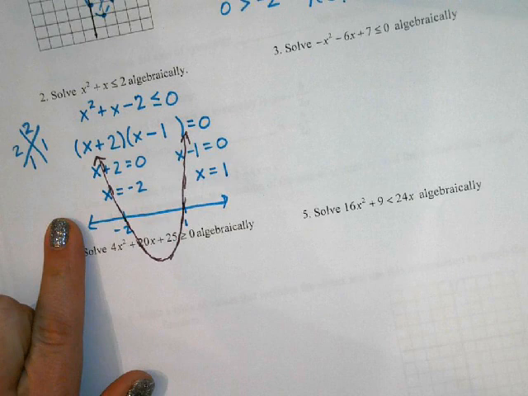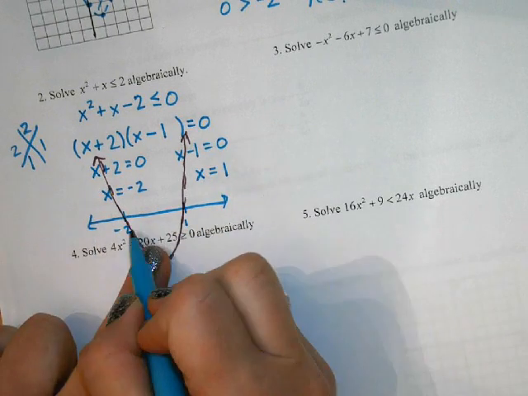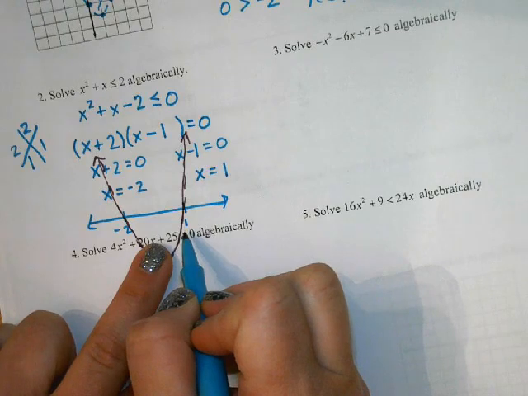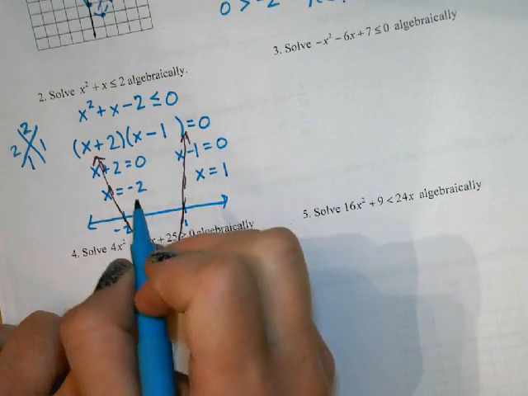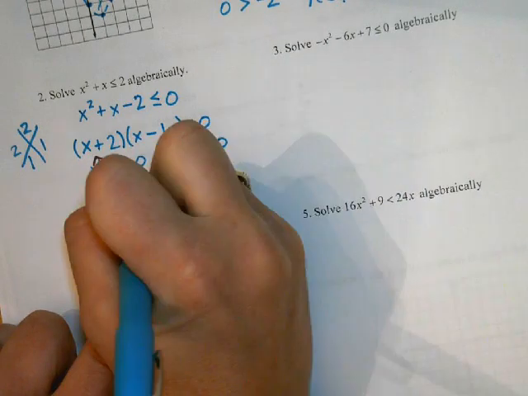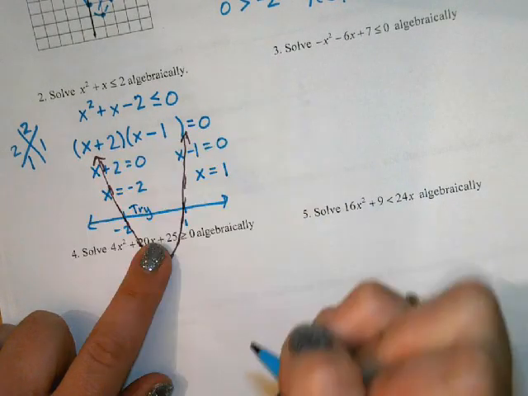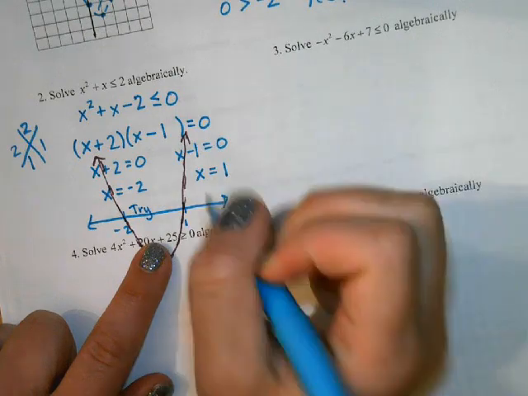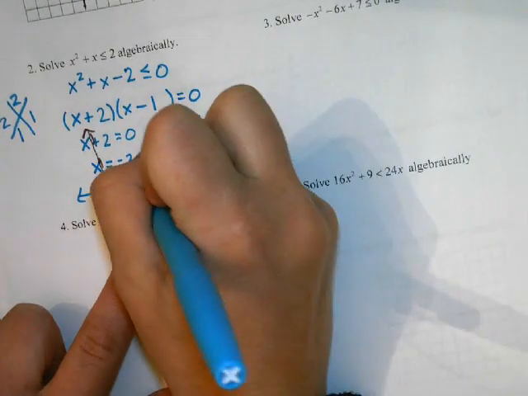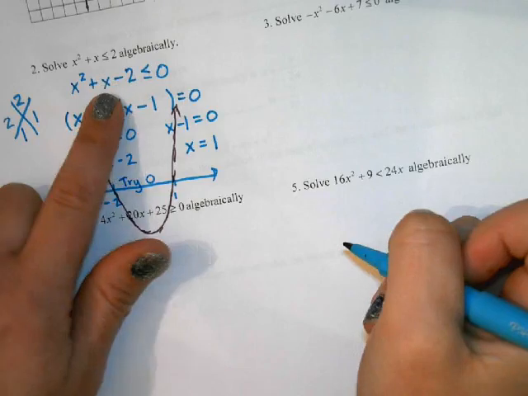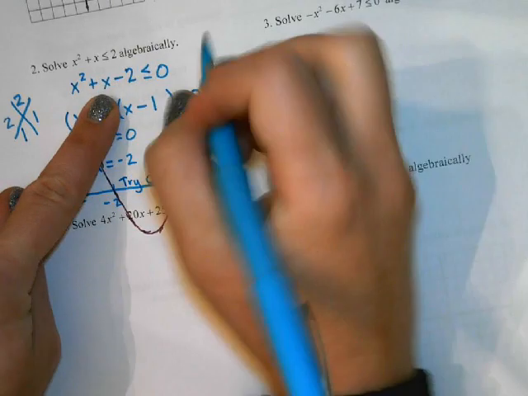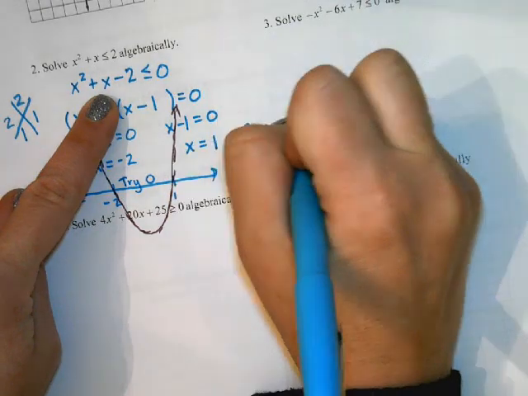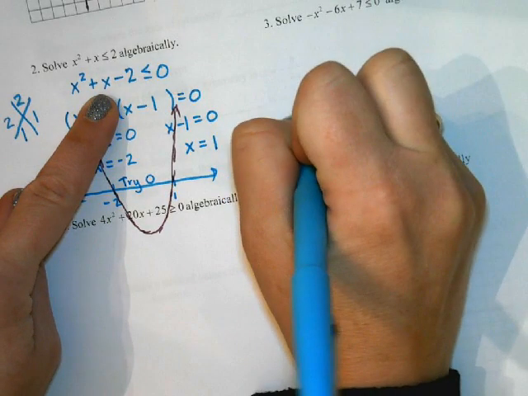So let's check it to make sure. What is a number between negative 2 and positive 1? Easiest number to use is 0, right? So let's try 0 into this guy up here. All right, so 0 squared plus 0 minus 2 is less than or equal to 0.